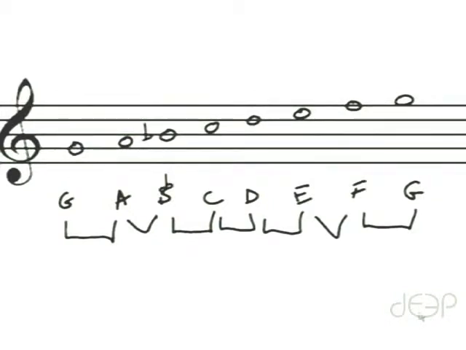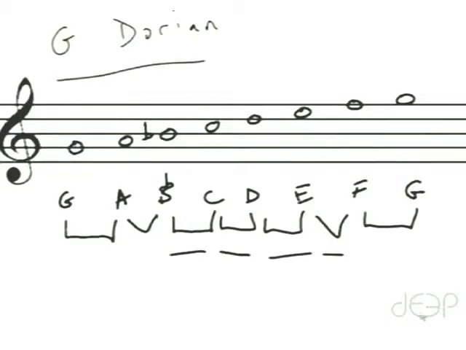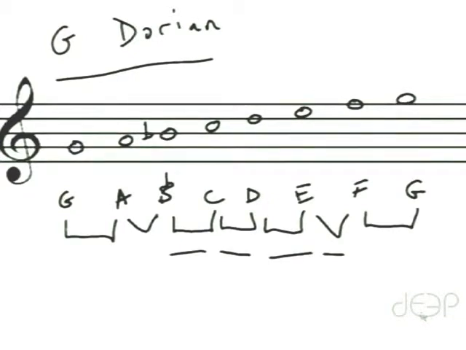B flat to C is in fact a whole step. C to D is in fact a whole step. D to E is in fact a whole step. E to F is in fact a half step. And F to G is a whole step. So this would be the G Dorian scale. Okay? So that's how we would establish a Dorian tonality or a Dorian mode from any given pitch.